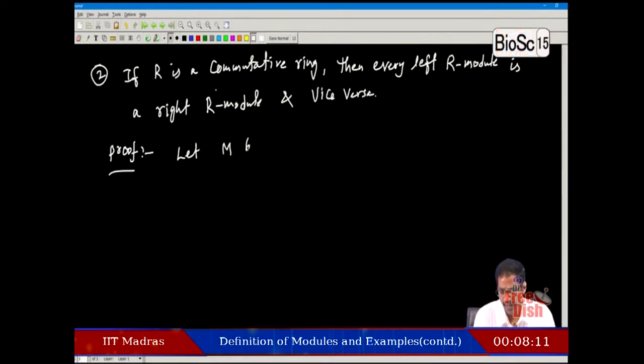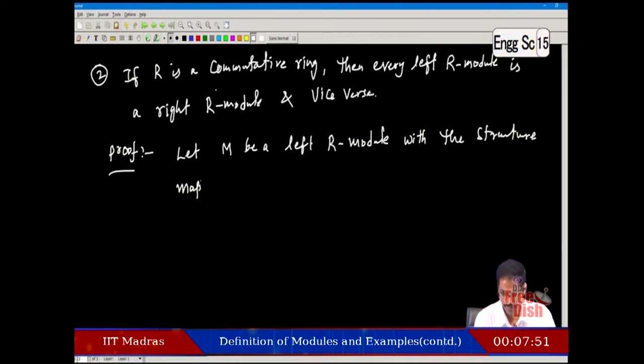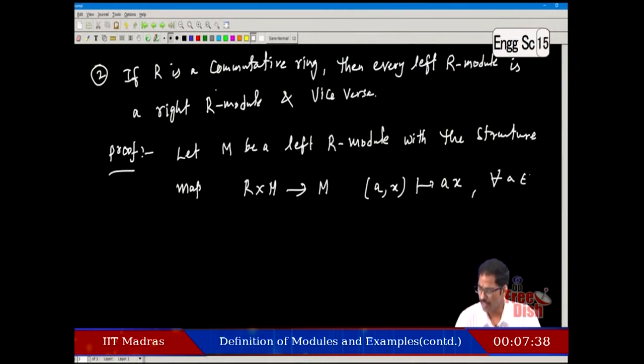Let M be a left R module with the structure map R cross M to M, where (a, x) goes to ax, for all a in R and for all x in M.